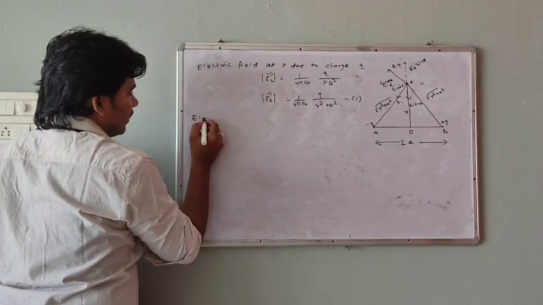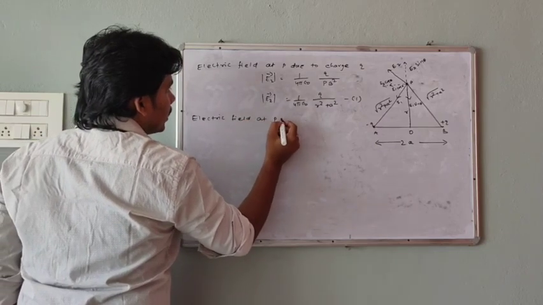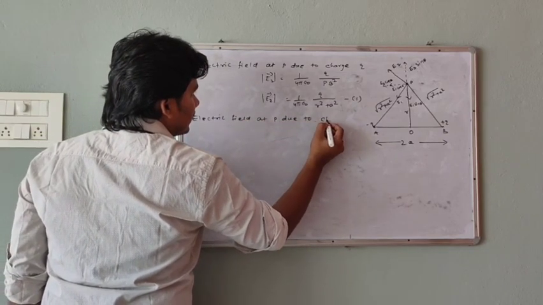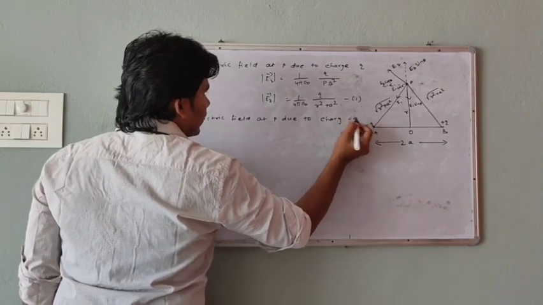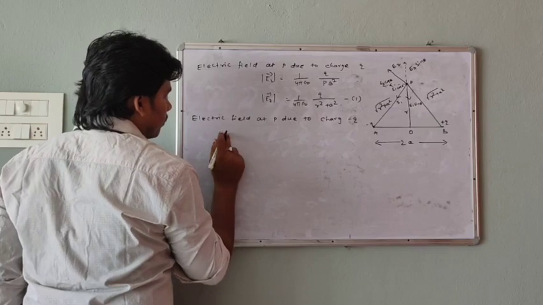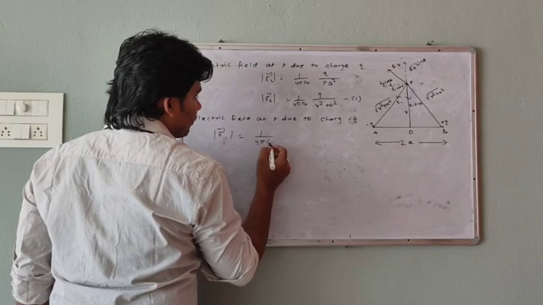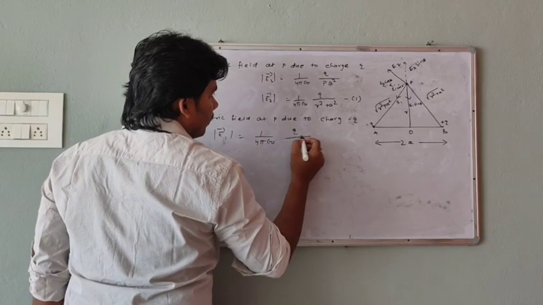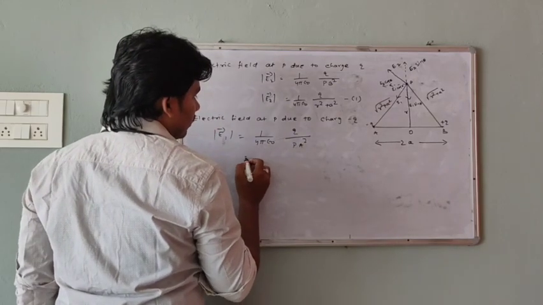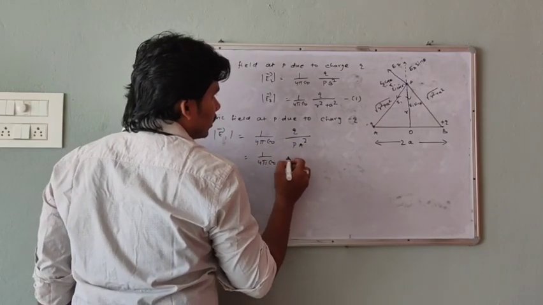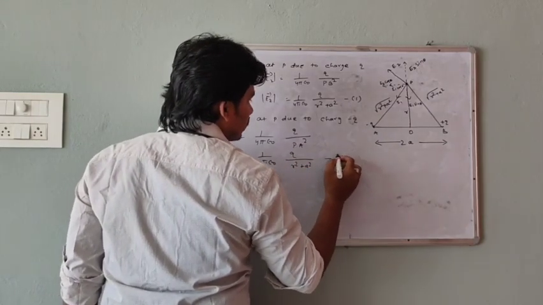Similarly, the electric field at P due to charge minus Q will be E1 vector; its modulus becomes 1 by 4 pi epsilon naught Q by PA square, then 1 by 4 pi epsilon naught Q by r square plus a square. This is equation 2.